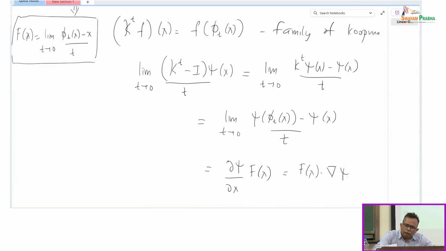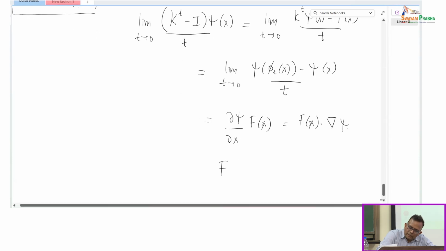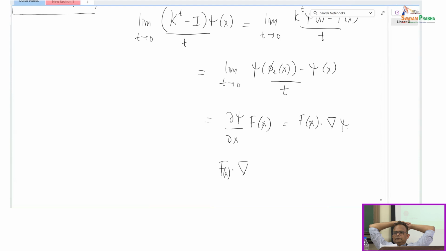So the generator for the family of Koopman operators is this: f of x dot del. Have you guys seen this before? This is the advection operator.